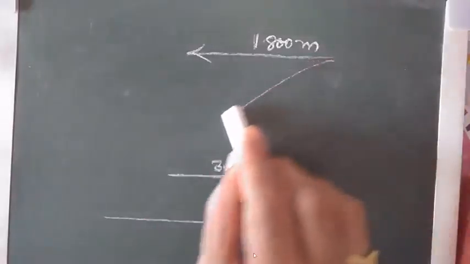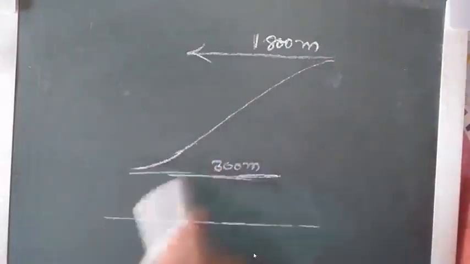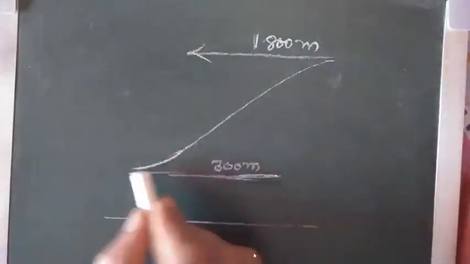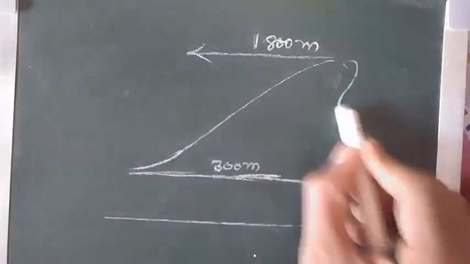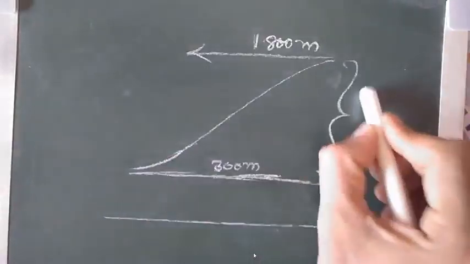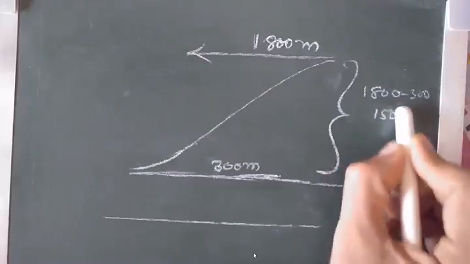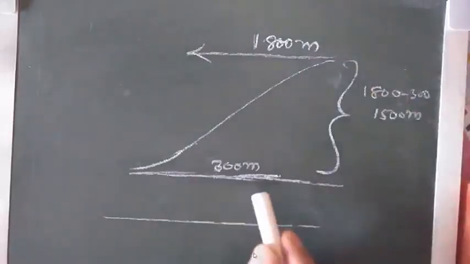Slowly it is descending at a descending speed of 60 meters per minute. Okay, like this it will come. So what will be the difference between these two distances? 1800 minus 300, which is 1500 meters. It came up to the level of 300 meters.